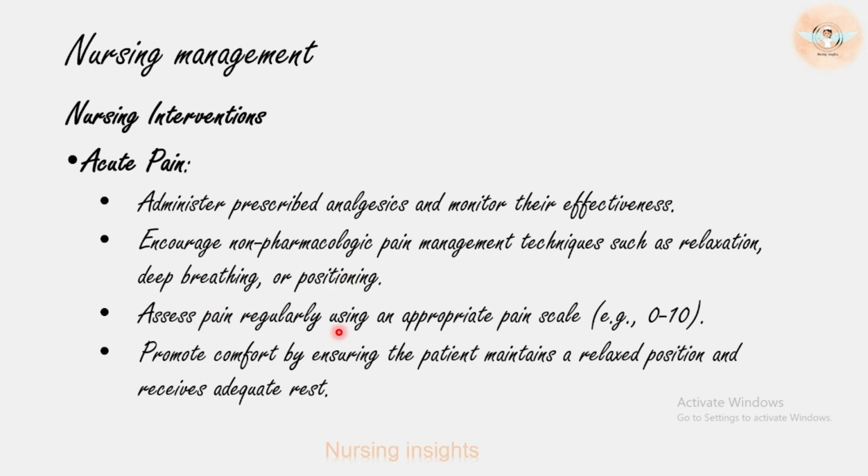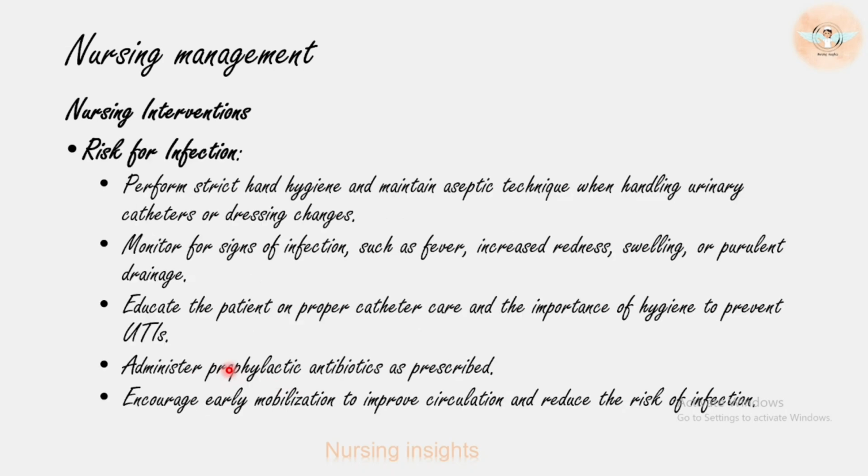Assess the pain score regularly using an appropriate pain scale, and provide comfort by ensuring the patient maintains a relaxed position and receives adequate rest. So these interventions include medication, pharmacological support, non-pharmacological support, pain assessment, and promoting patient comfort. Thereby we can reduce the pain.